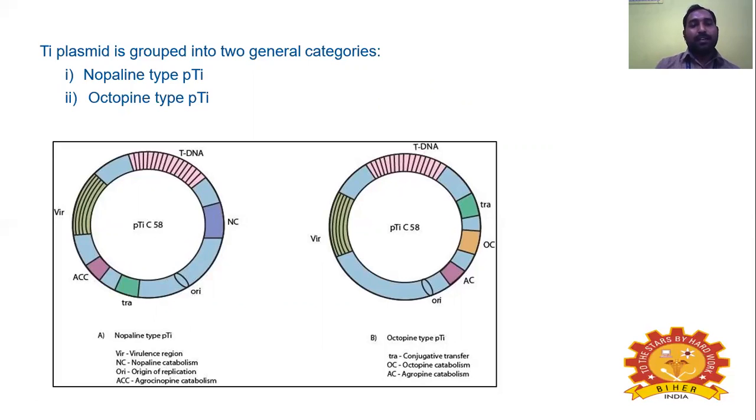If you see the expansion, you can see the Vir regions, nopaline catabolism and origin of replication, and agrocinopine catabolism in the nopaline type. In the octopine type, you will have the transfer genes, that is the tra, then the occ octopine catabolism and acc for the agrocinopine catabolism.